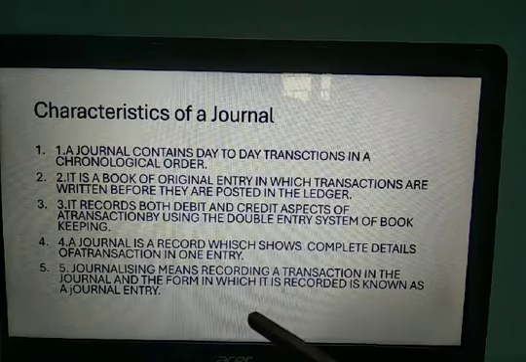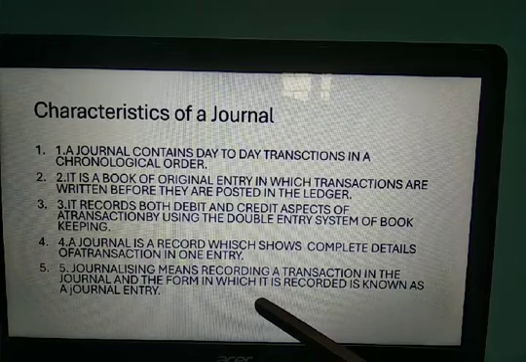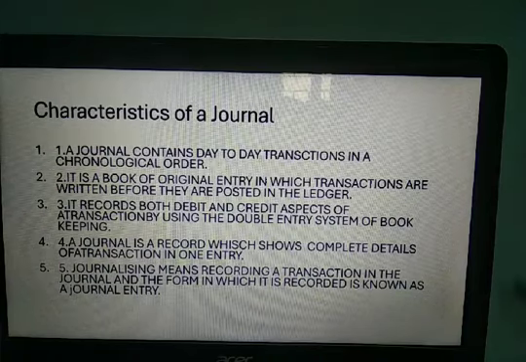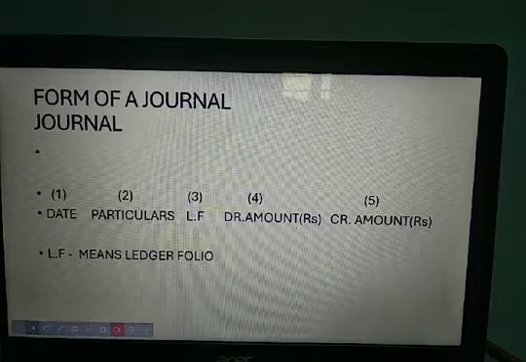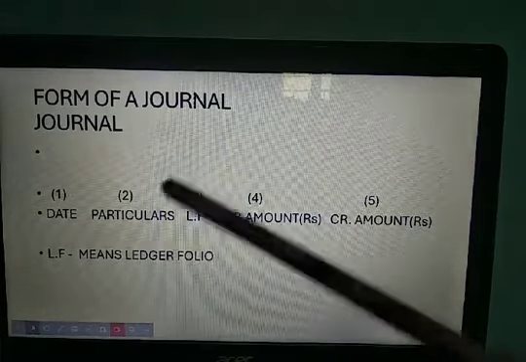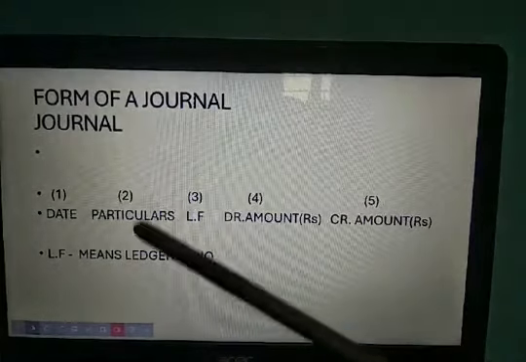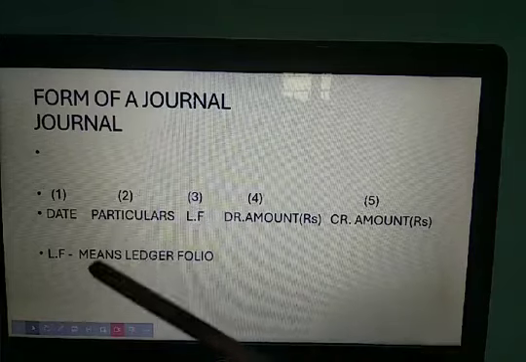Journalizing means recording of transactions in the journal, and what is recorded is known as the journal entry. Now, the form of a journal: if you see, this is the format. Form means format.